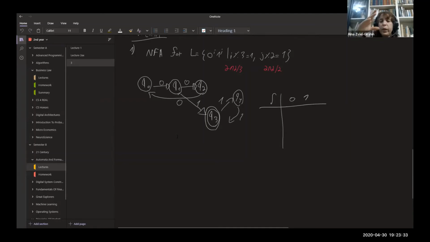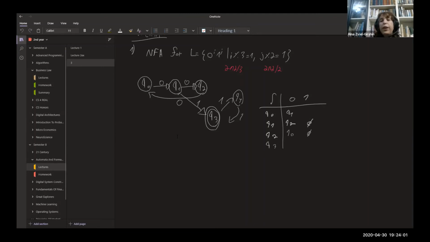Q1 with 0, I move to Q2. Then from Q2 with 0, I move to Q0. And with the additional third 0, I get back to Q1. So each 3 zeros, I continue to stay in this loop.